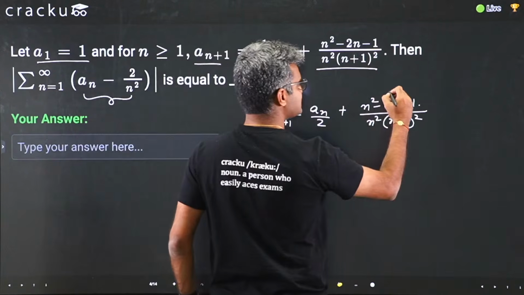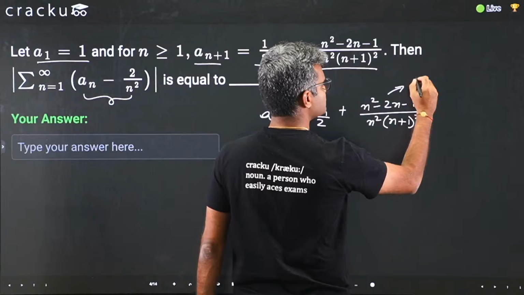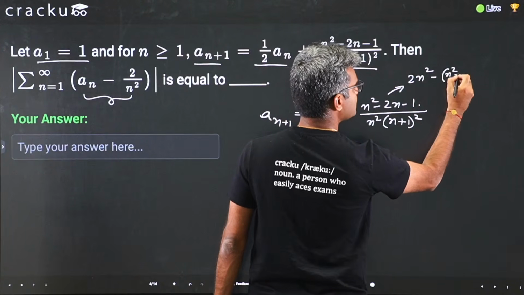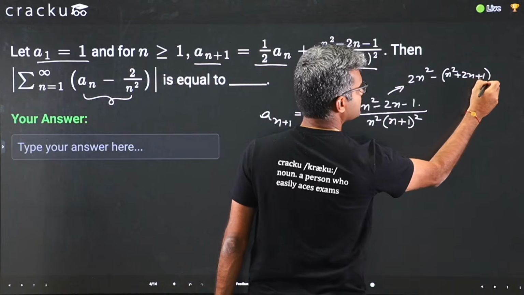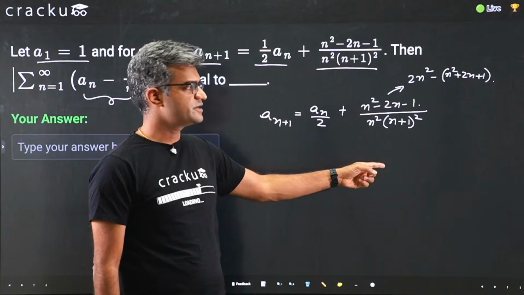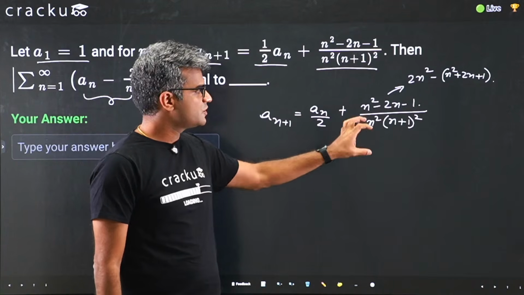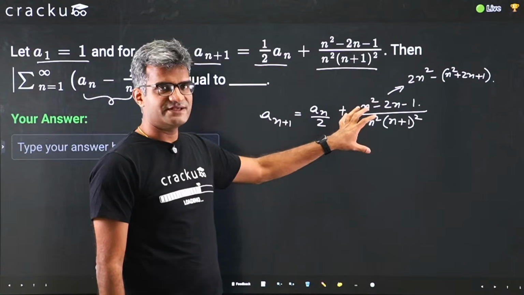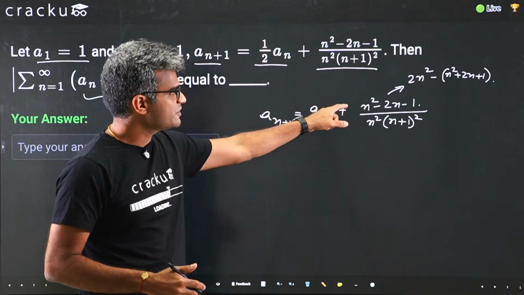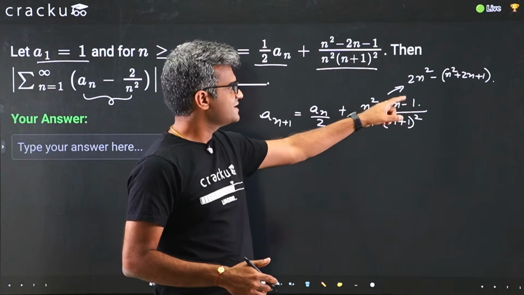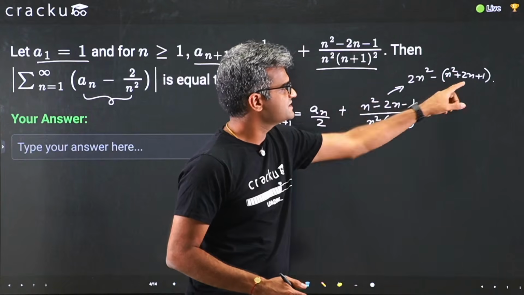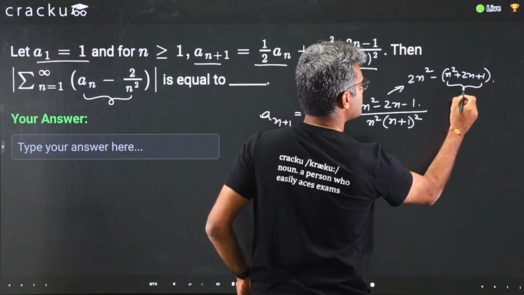So we'll write n² − 2n − 1 as 2n² − (n² + 2n + 1). Why are we writing it like that? Because in the denominator you can see (n+1)² and n². So I would want to express the numerator also in terms of (n+1)² and n². So n² − 2n − 1 is equal to 2n² − (n² + 2n + 1), which is simply 2n² − (n+1)².